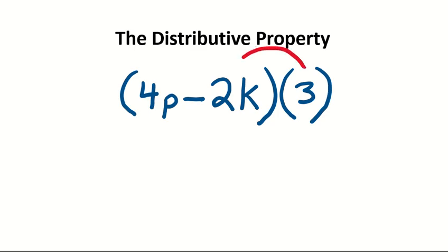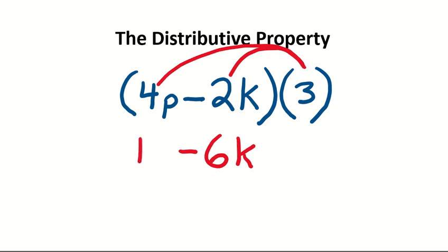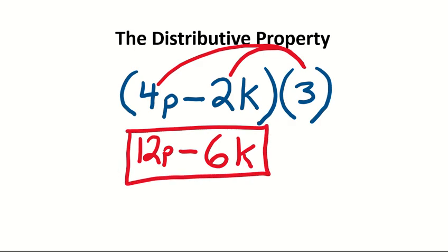We'll do 3 times 2, which is 6, and then we put the k right next to it. Drop down our subtraction sign, and now let's distribute the 3 to the 4p. 3 times 4 is 12, and we simply attach the p to that. And thus we can use the distributive property to rewrite that as 12p minus 6k.